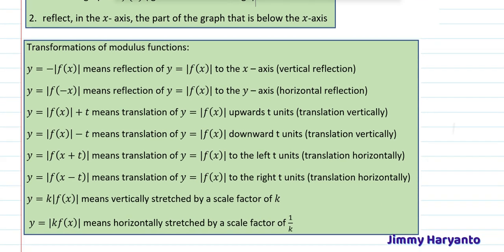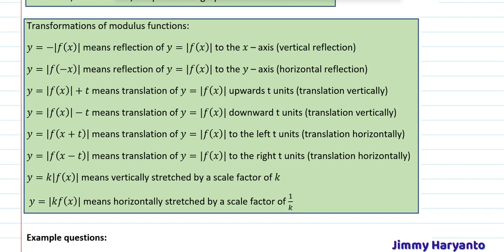Okay, and then also we have the transformation of modulus function. You have to memorize all of this because this transformation is not only for the modulus function, but it can be applied to another function. Not only the modulus but other functions also.